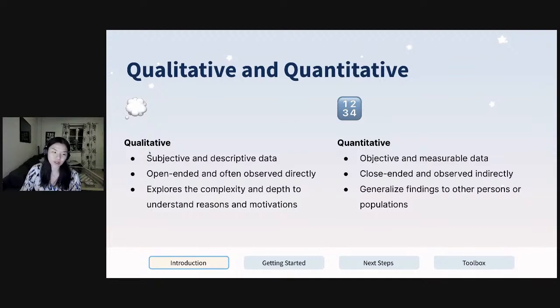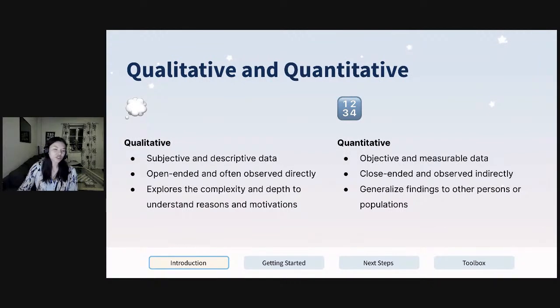So when I say qualitative, these are maybe a little bit more fluffy sometimes, at least compared to the quantitative. It's the subjective and descriptive data, things that are a bit more open-ended, often observed directly with not as many people, but of course, you could also combine or do different methods to try to get the best data.